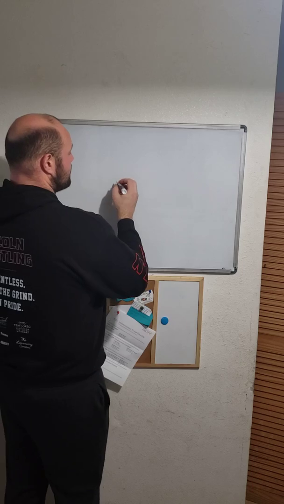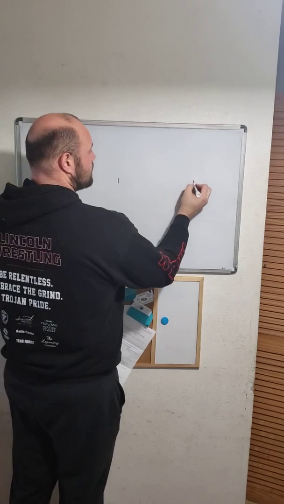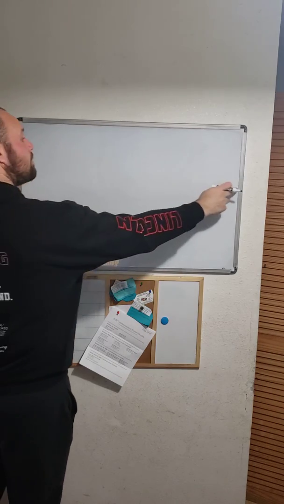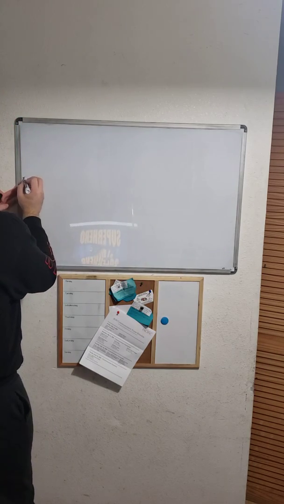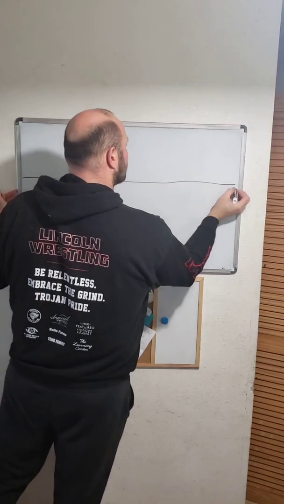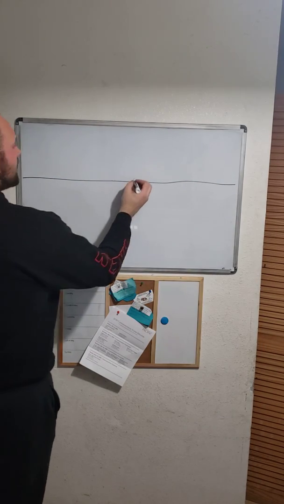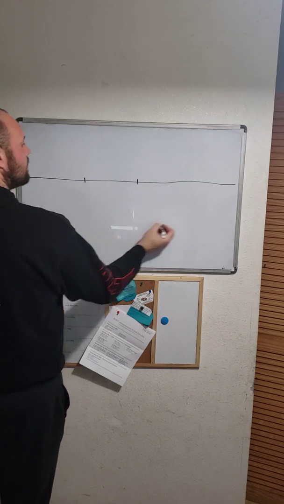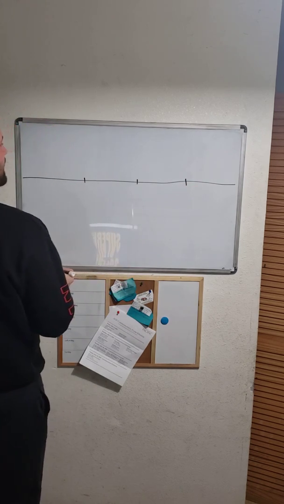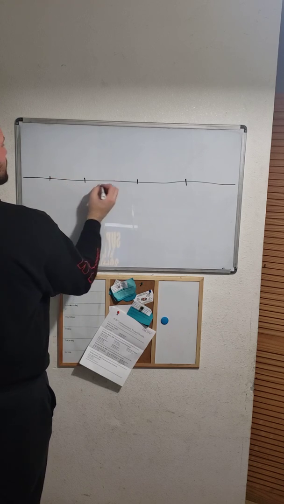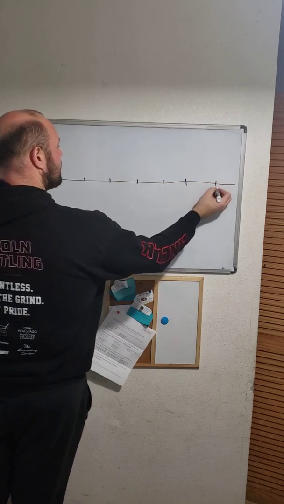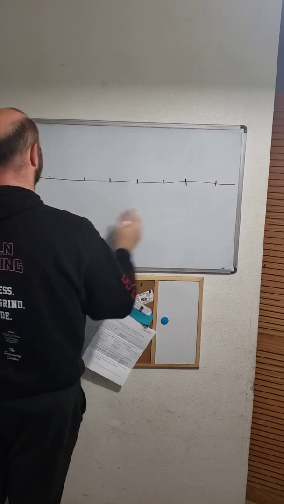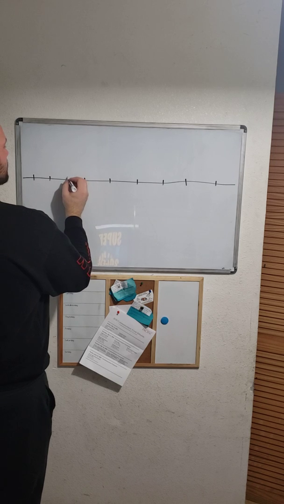Let's say that this was a meter. Actually, you know what? This is probably pretty close to a meter. So let's say that this whole board is a meter. And if we ended up dividing this into 10 pieces, 9, 10.